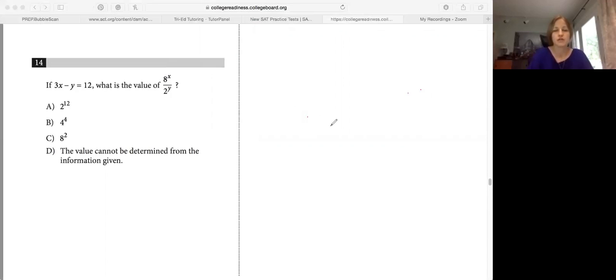Okay, so let's take a look at that. So we have 3x minus y equals 12. And I have 8x over 2y. And I need it to have only one variable, right? So I'm going to solve this first equation for y so that I have something that has only one variable. So I'm going to add y to both sides to get it by itself.